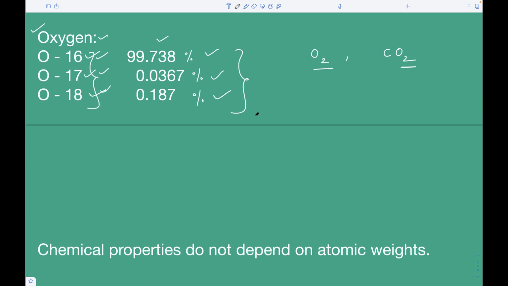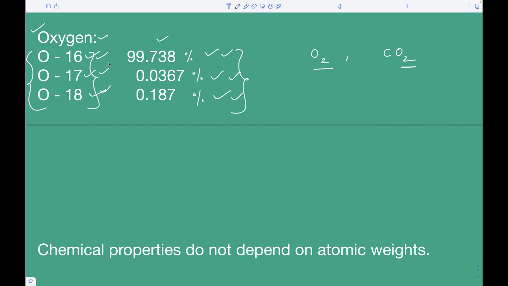Now, before we continue, let us understand some vocabulary. After the discovery of isotopes, what do we mean by an element? For example, oxygen. By oxygen, I mean oxygen as it is present in nature. That is, a mixture of all the naturally occurring isotopes of oxygen present in these proportions.